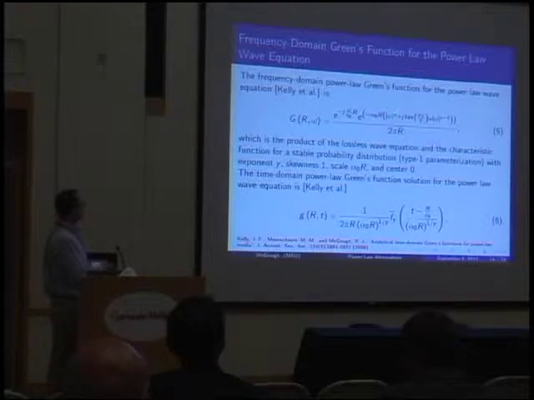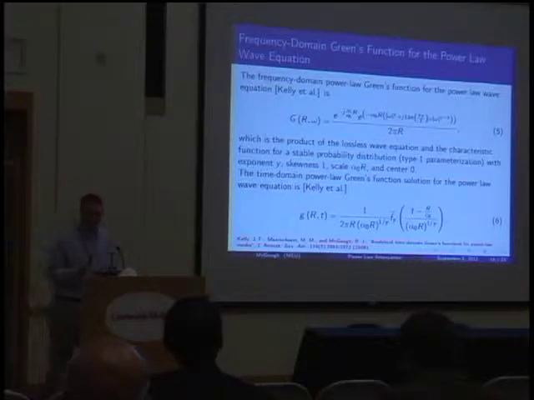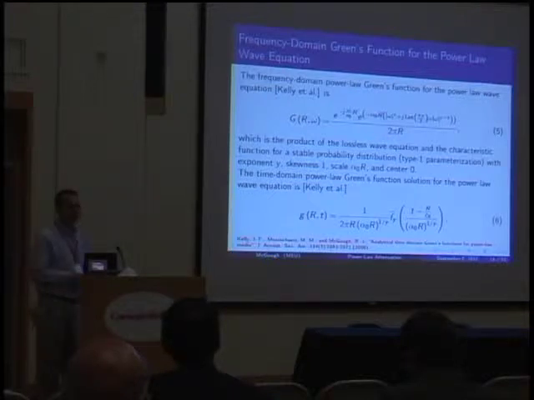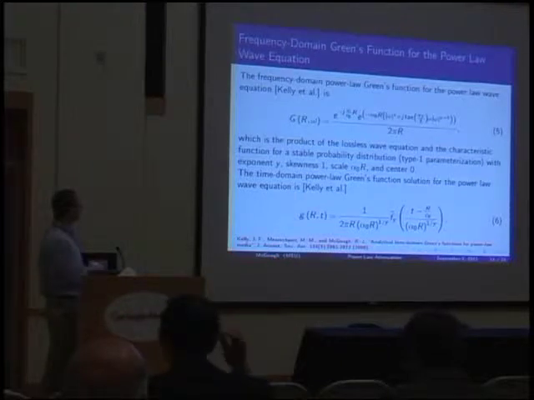And then in addition, this other term in the numerator, this exponential term, this is the characteristic function for a stable probability density function. So it's kind of neat. We're multiplying in the frequency domain a well-known Green's function by the characteristic function of a stable PDF.